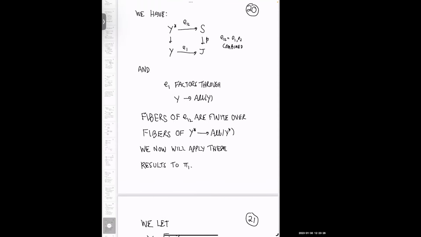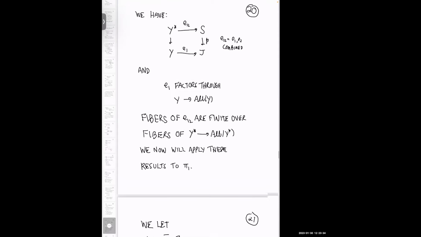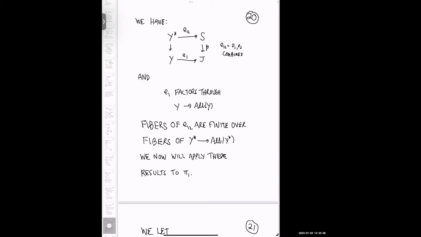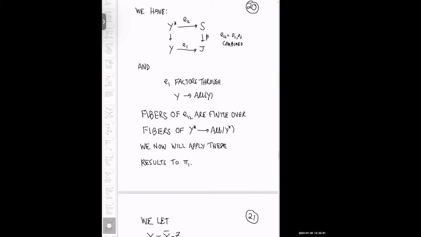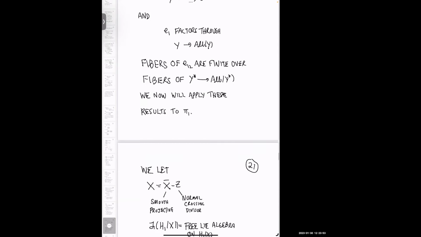In other words, it's given by information that's in the Albanese map for Y star. So basically, the information in E1-2 is finite over the fibers of the Albanese map for Y star.